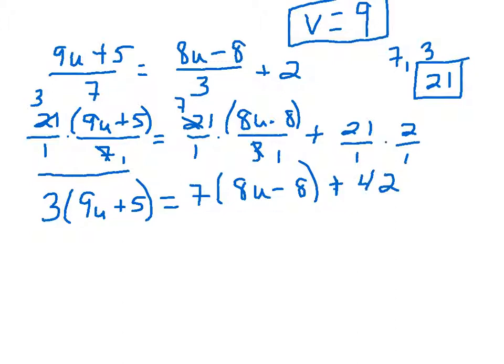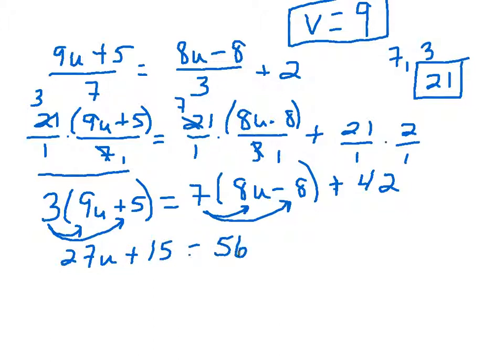Next step, we need to remove the parentheses by distribution, or multiplying through, whichever way you want to call it. 3 times 9u plus 3 times 5, 7 times 8u minus 7 times 8 plus our 42.